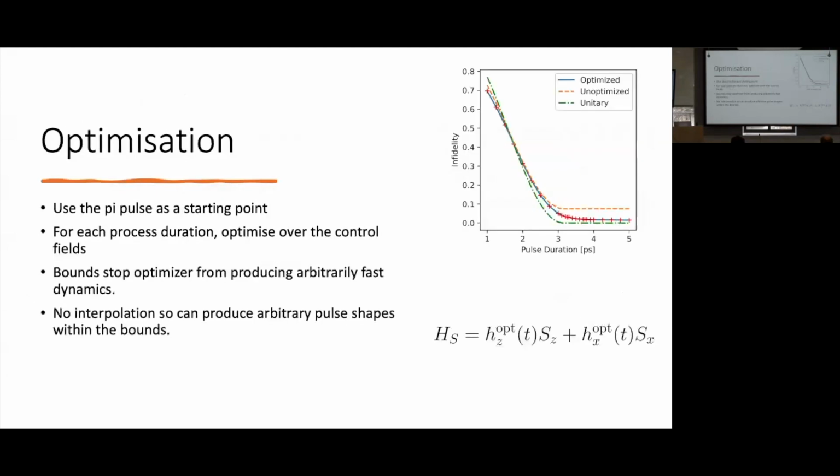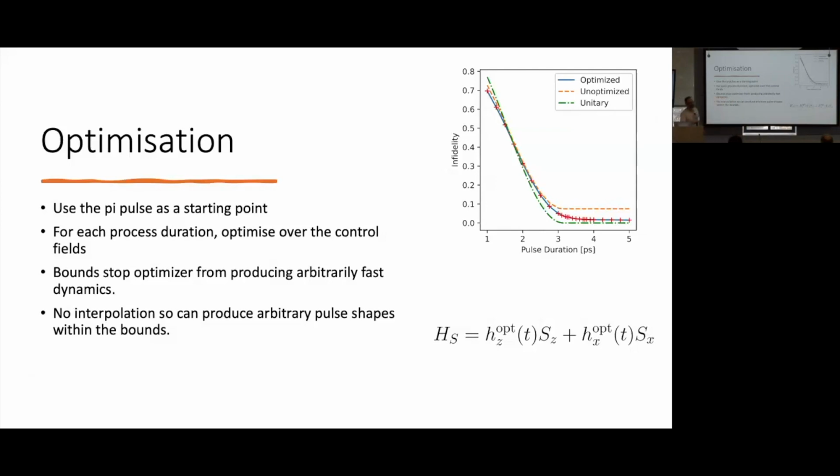So now you can see what it does, and plot the achieved optimized infidelity as a function of the process time. As you'd expect and hope, it's always better than the unoptimized case. Otherwise, we've done a really bad job. The interesting thing is that as you go past this kind of speed limit of the unitary dynamics, where you've got enough time to stretch out the dynamics and do interesting things, you start to see a noticeable improvement in the fidelity as you go to longer and longer times.